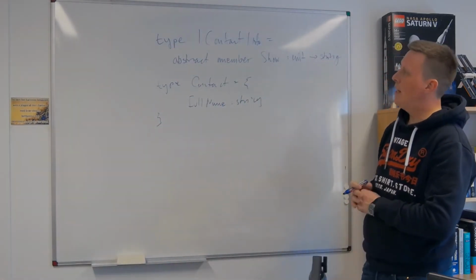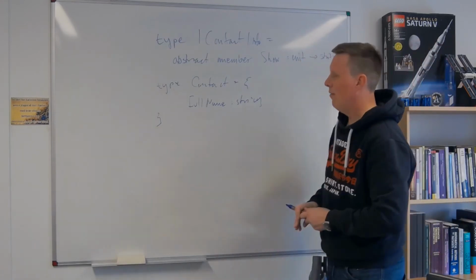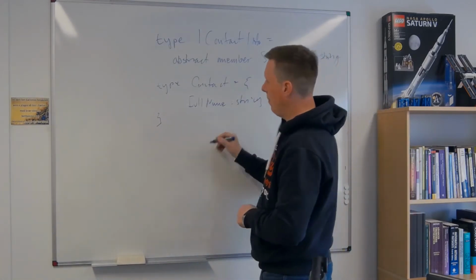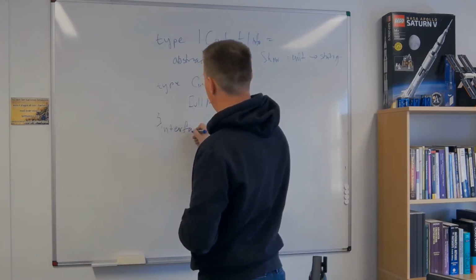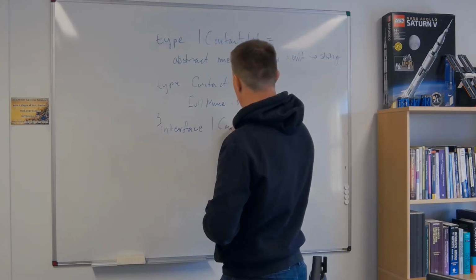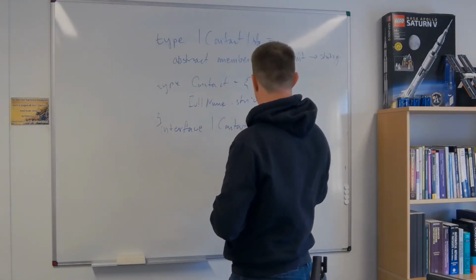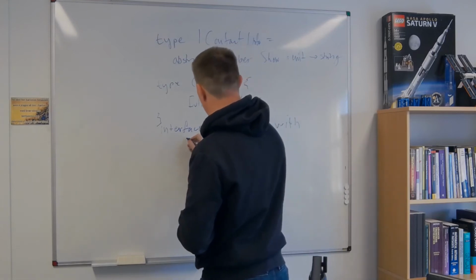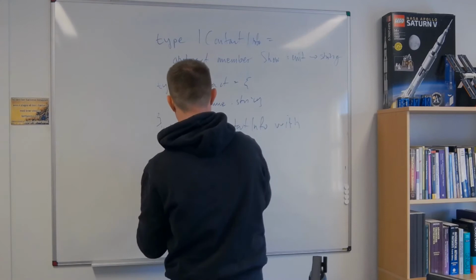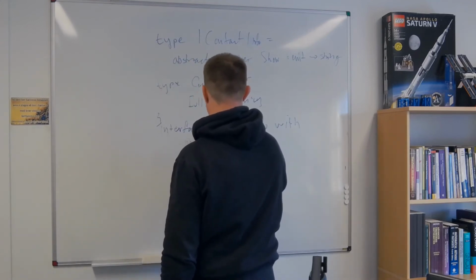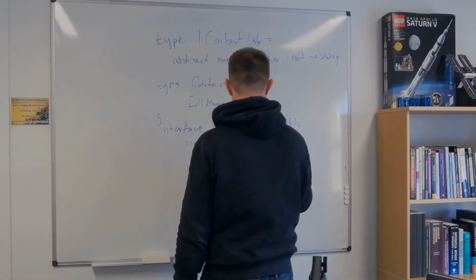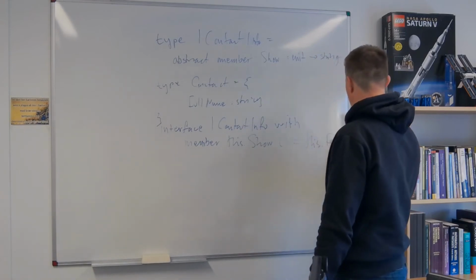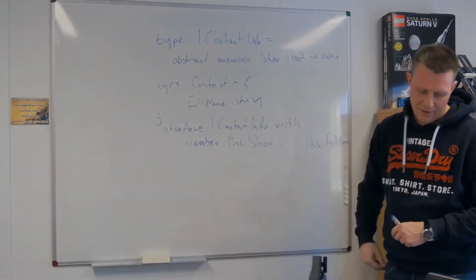And now instead of doing abstract member and blah blah blah, I can say interface I contact info with member this dot show equals this dot full name. So now I've implemented an interface on this thing.